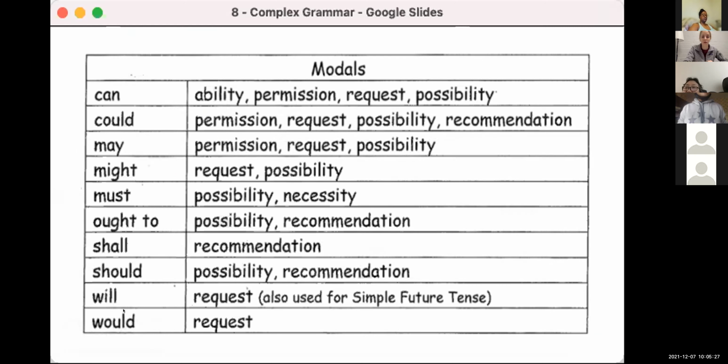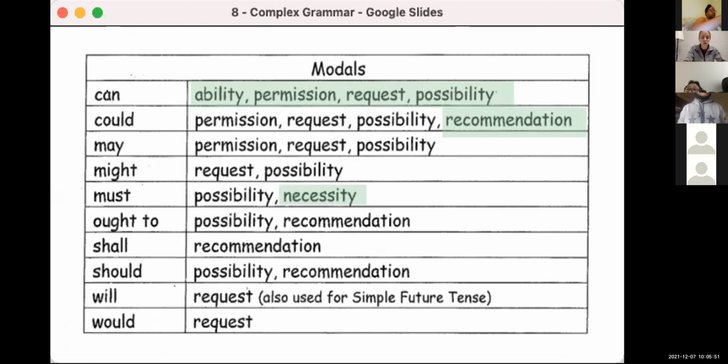But modals can give us information about ability, permission, request, possibility, recommendation, necessity, if something is needed or not needed. And then you can see here, oh, did I skip? There's request right here.